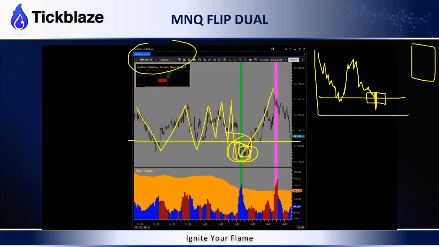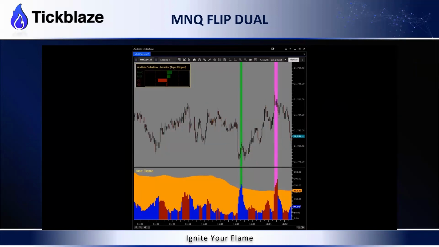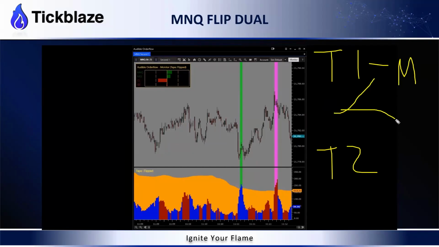So the goal here is to decide, and this is my biggest suggestion. There's two types of traders. There's trader one and there's trader two. Trader one is momentum. You're either going to look to go long or short based on direction or breakouts, momentum or breakouts. And then trader two is reversal.